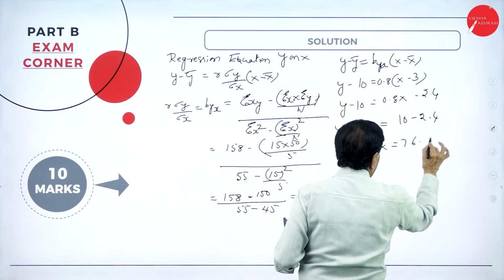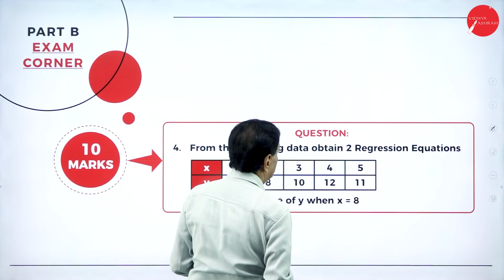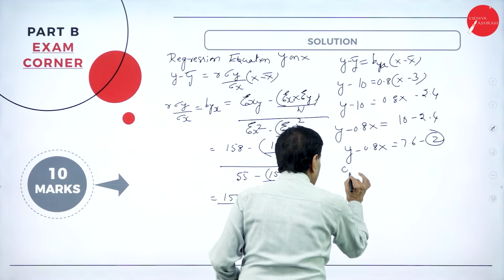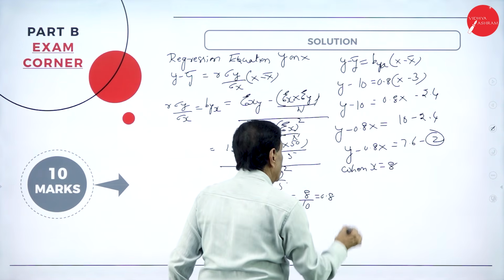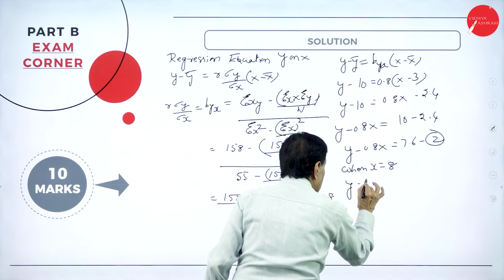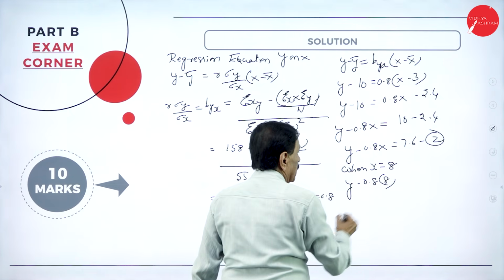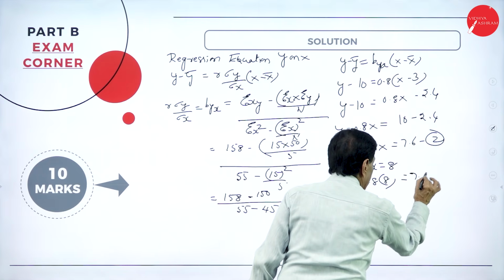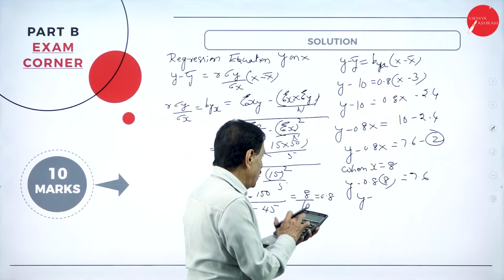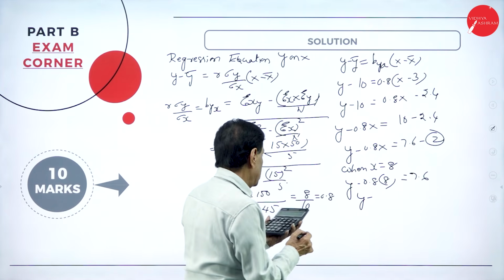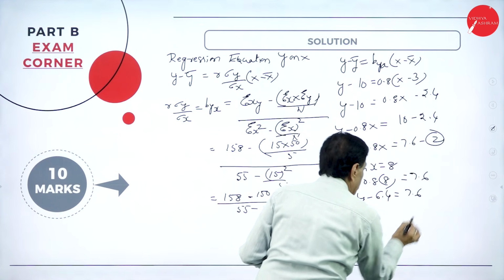7.6. This is equation number 2. When x is equal to 8, apply: y minus 0.8 into 8, which is 6.4, is equal to 7.6.